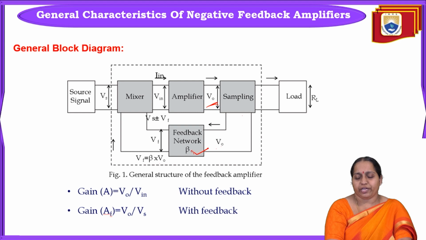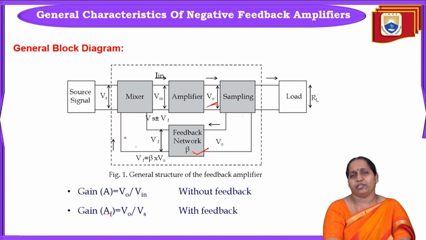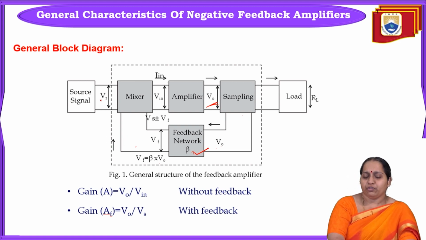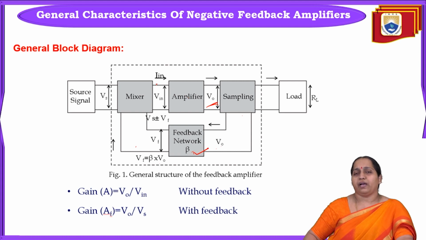This is given to the mixer. The source signal is added with the feedback signal, added or subtracted based upon whether it is positive or negative feedback. After mixing, whatever output you get will be your input to the basic amplifier, VN. If it is current, it would be IN.